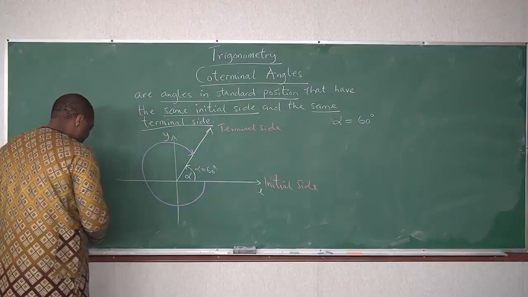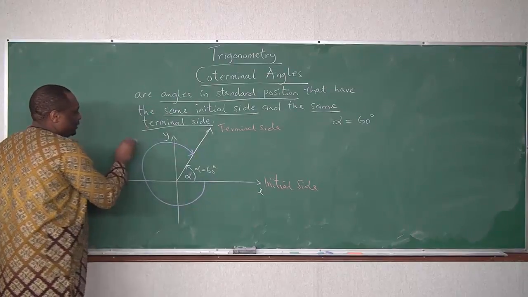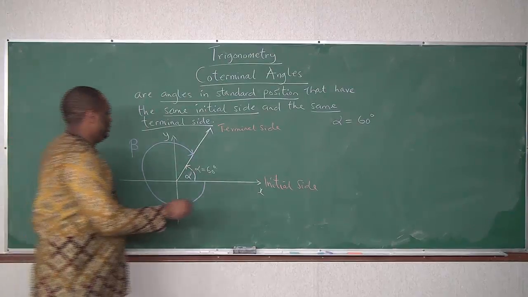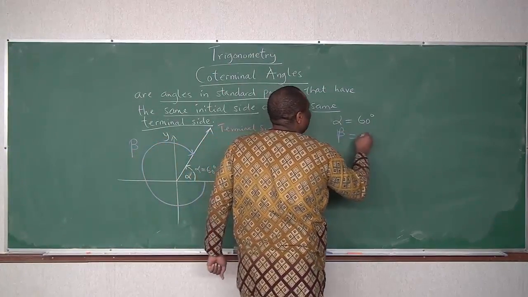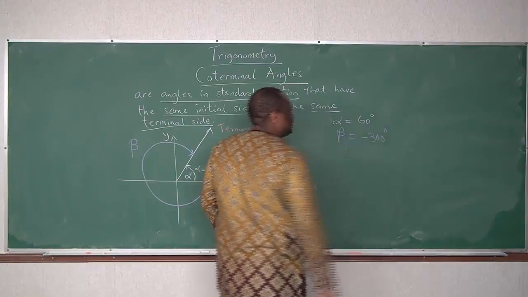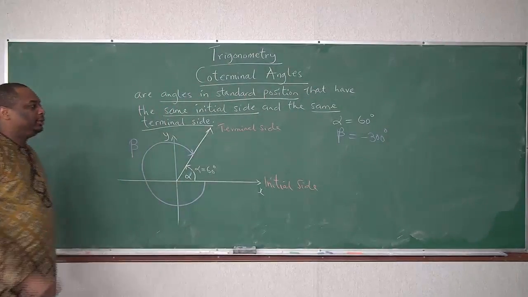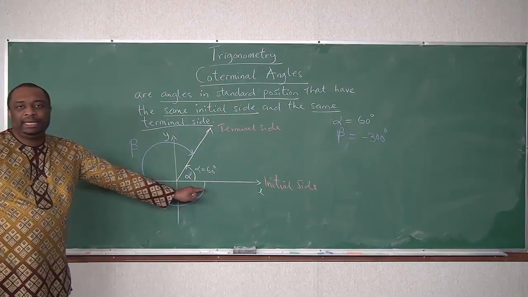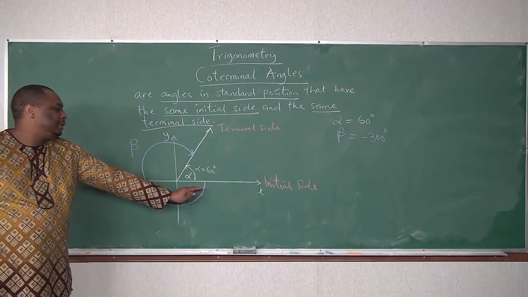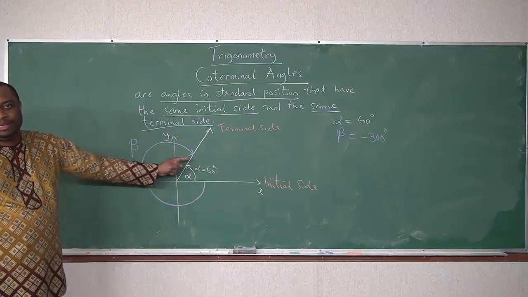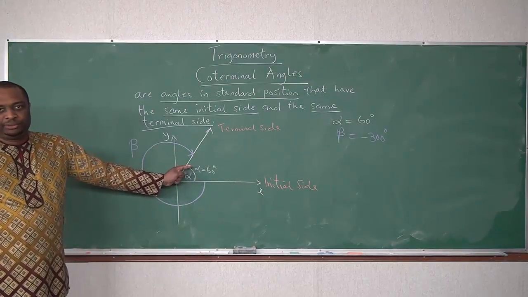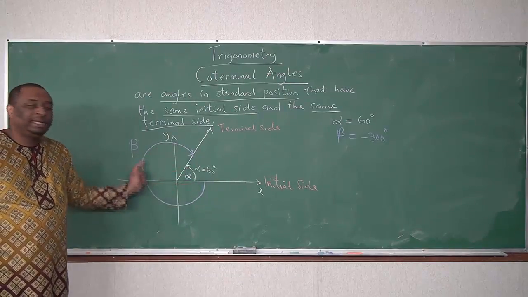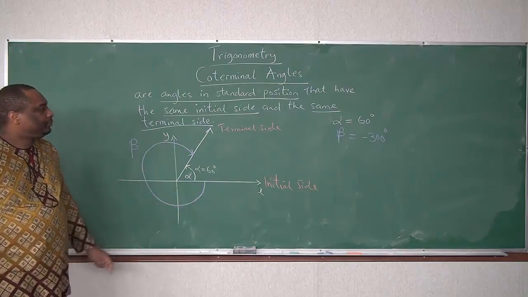I hope you're seeing this. You will see that beta is negative 300 degrees, because it was formed by a clockwise rotation.